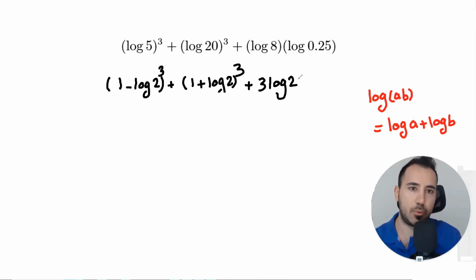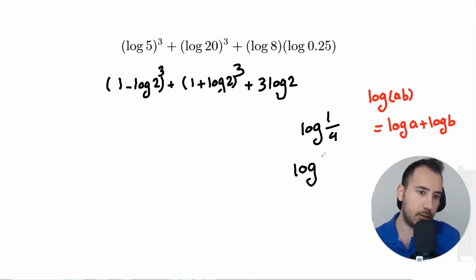And the last one here will be log of 1 over 4, which would be log 1 minus log 4. Log 1 is, of course, 0, so it's going to be negative log 4. Remember, we could also write it as negative 2 log of 2.